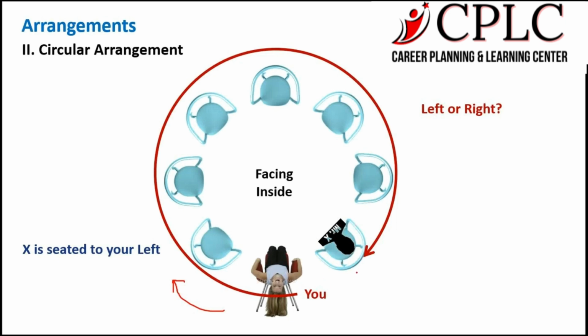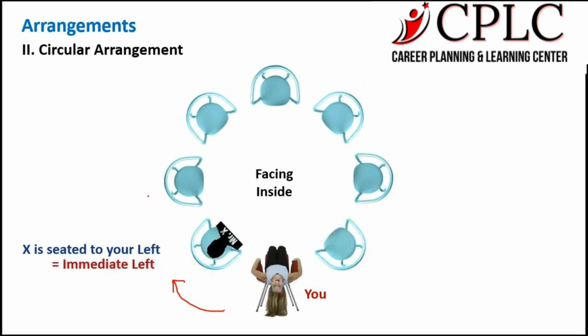To avoid this conflict, there's an exception that we have to make, only for the circular arrangement and not for the linear arrangement: if they specify that X is seated to your left, but don't specify which position exactly, only in circular arrangement you are supposed to consider the immediate next position. So if they say X is seated to your left, you have to always consider it as the immediate left.